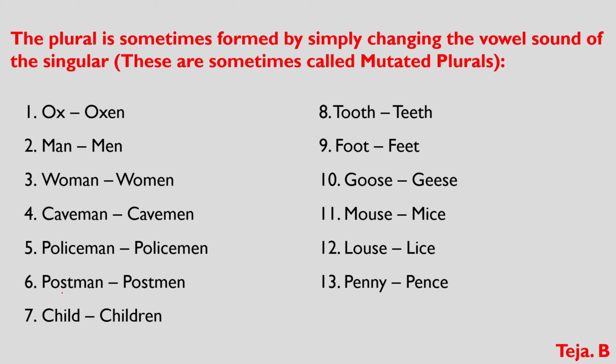Caveman, cavemen. Policeman, policemen. Postman, postmen. Child, children. But most people use children's. Don't use children's, because children is itself plural. Tooth, teeth. Foot, feet. Goose, geese. Mouse, mice. Louse, lice. These are plurals changing the vowel. They are called mutated plurals.